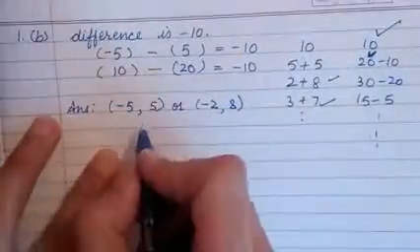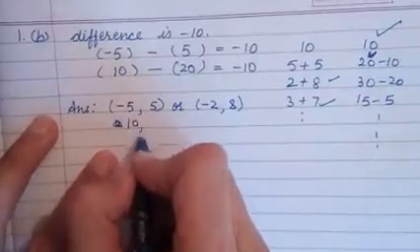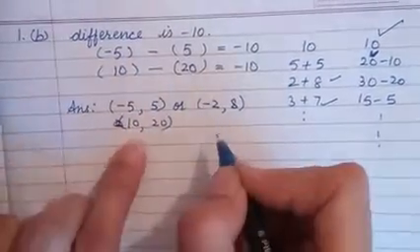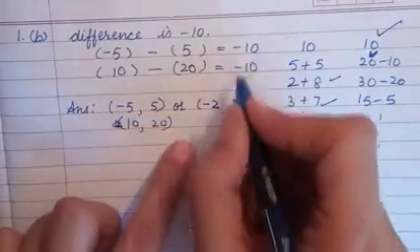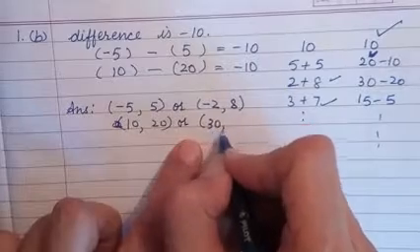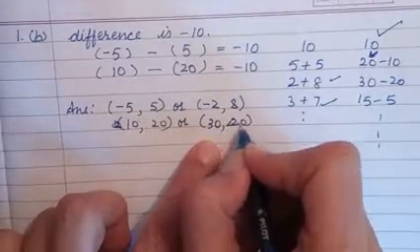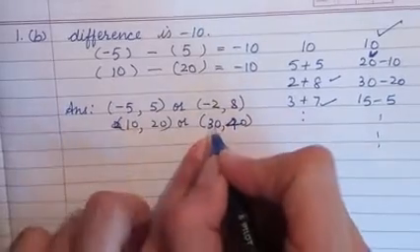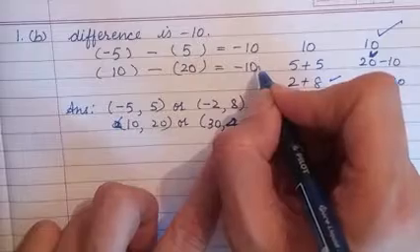And now in this situation, you see here 10 and 20. If we are subtracting 20 from 10, we are getting minus 10. Or if we are subtracting from 30, 20 plus 10 will come, so here we will take 40. So 30 minus 40 is also minus 10.